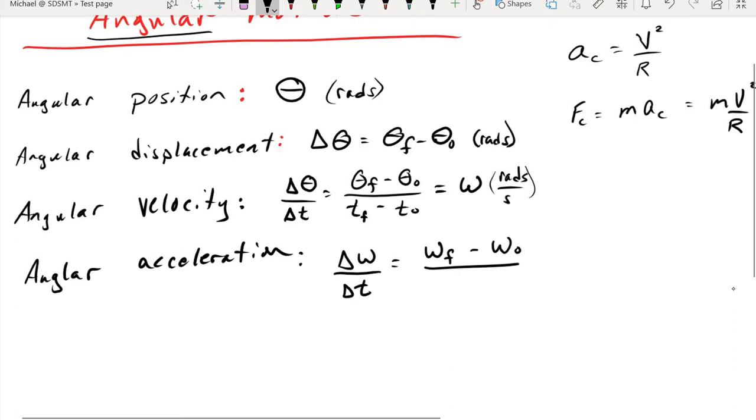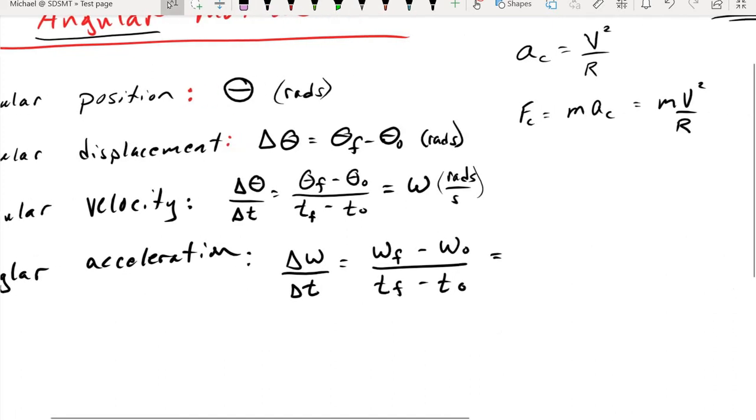This implies that we could speed up or slow down as we travel around the circle. Likewise, there would be corresponding time values that go with this. And if angular velocity has units of radians per second and time has units of seconds, that means that we will have radians per second squared for the overall units.